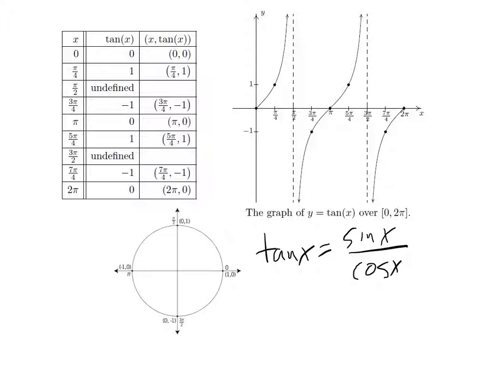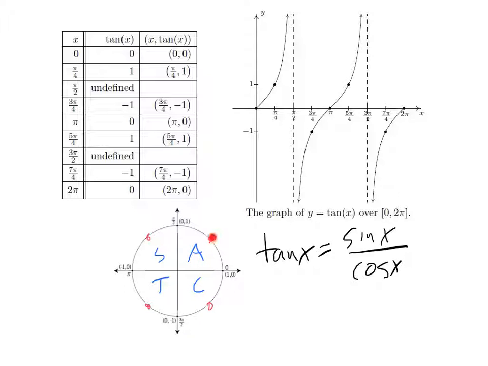It is also useful to get some extra values, and these are convenient for tangent. These are the pi fourths, and let me remind you all students take calculus. At pi fourths, the x value and the y value are equal, so sine and cosine would both be square root of 2 over 2, but they're both equal, so tangent's 1.